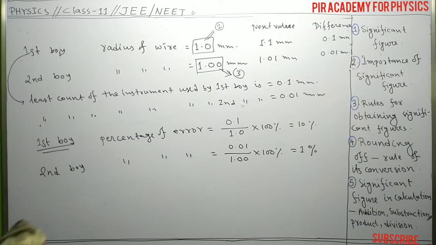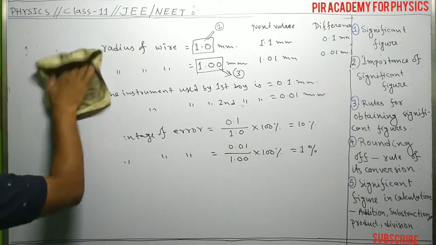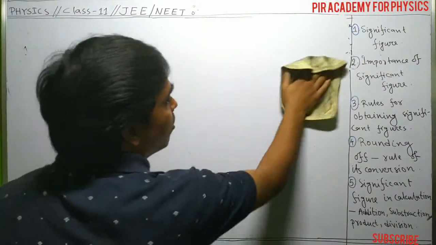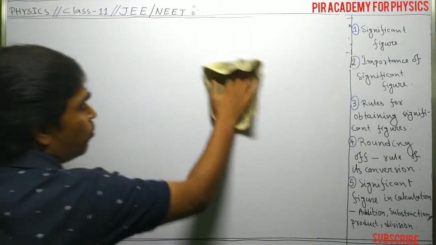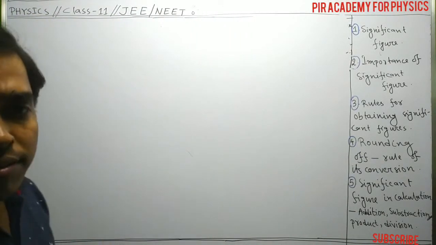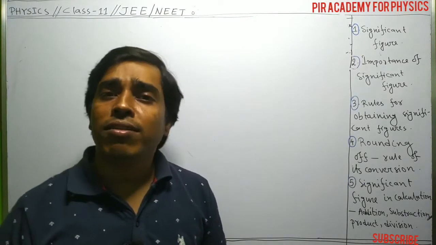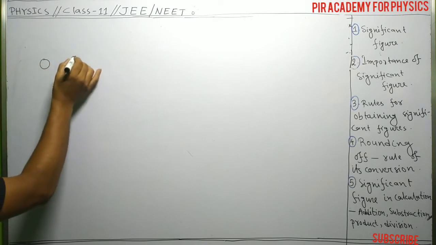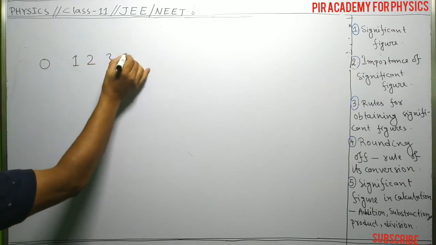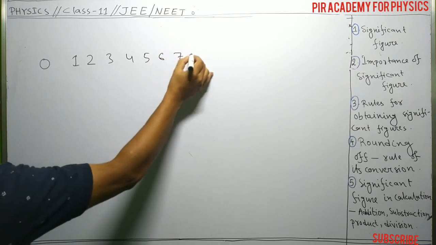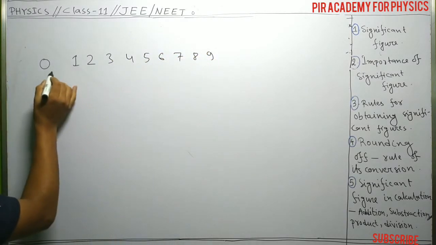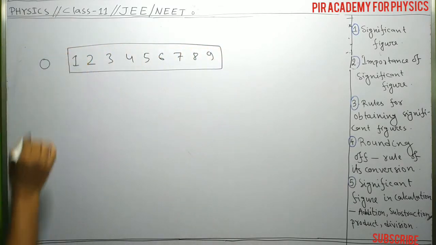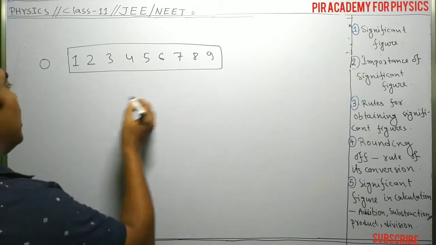Now you have to calculate significant figures from a group of numbers. What is the rule? We use the decimal number system. What is the decimal number system? There are 10 digits: 0, 1, 2, 3, 4, 5, 6, 7, 8, 9. This is 9 digits, and here is 0.